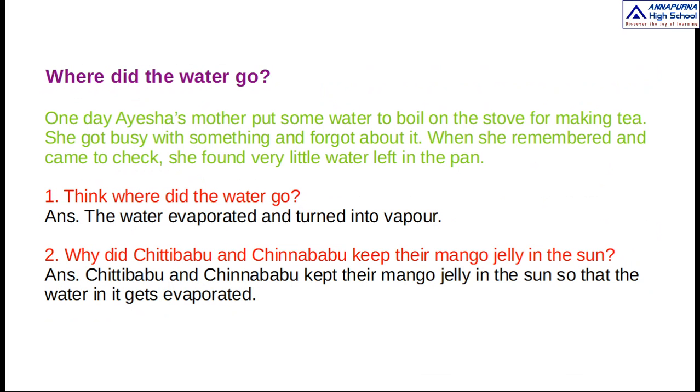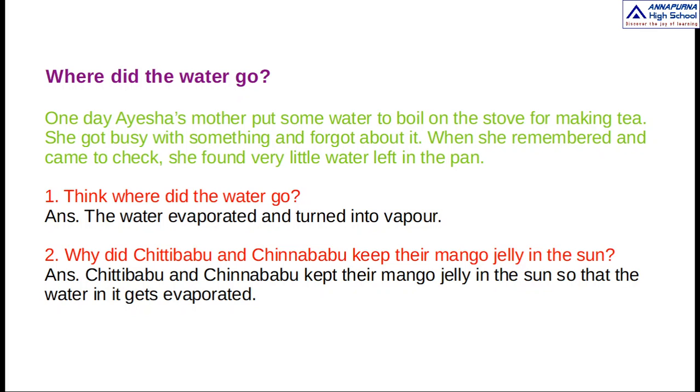Okay. Where did the water go? Here, one day Aisha's mother put some water to boil on the stove for making tea. She got busy with something and forgot about it. When she remembered and came to check, she found very little water left in the pan.